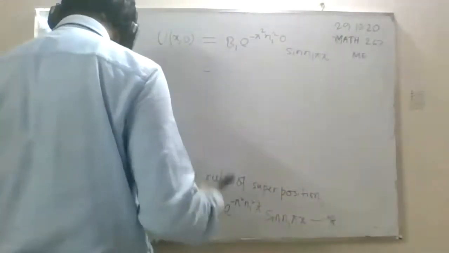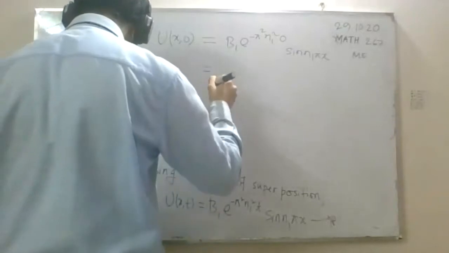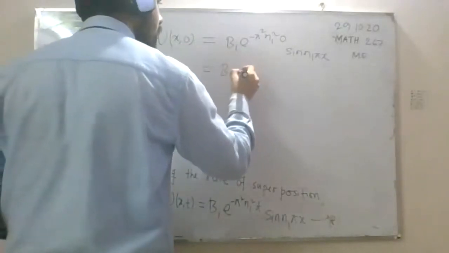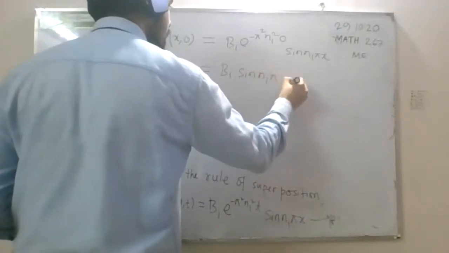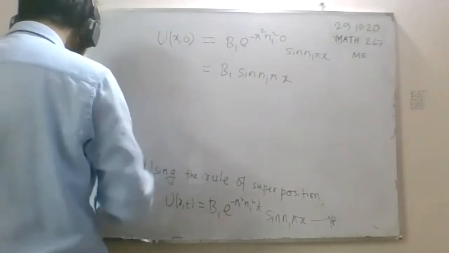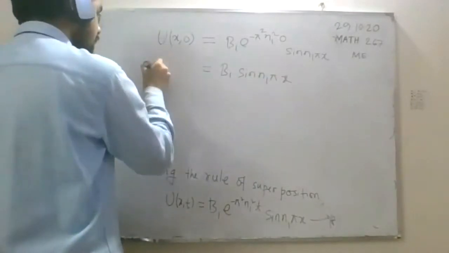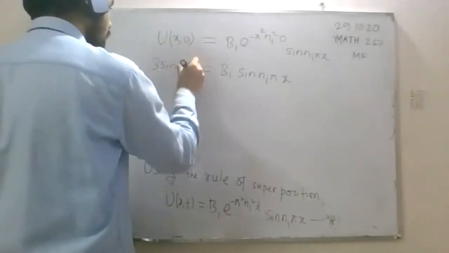From here you can say it is b1 sin n1 pi x, and here u(x,0) is given as 3 sine 2 pi x.